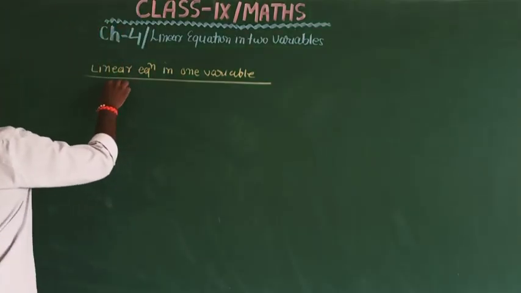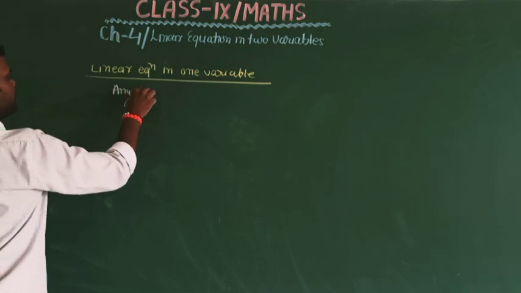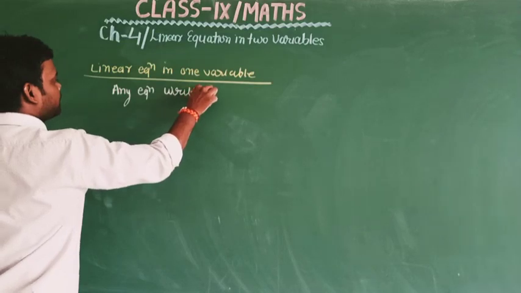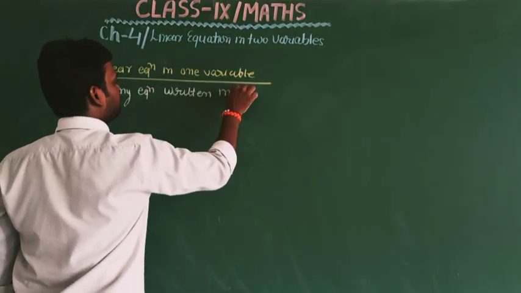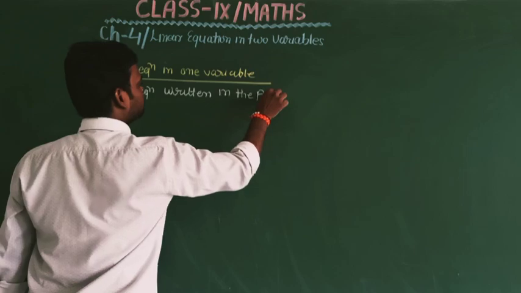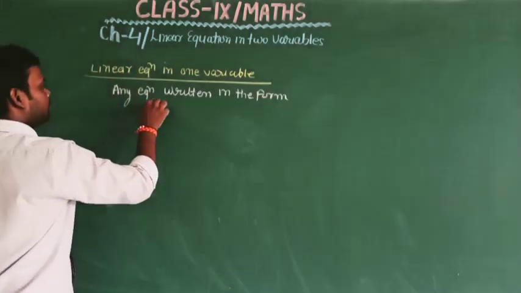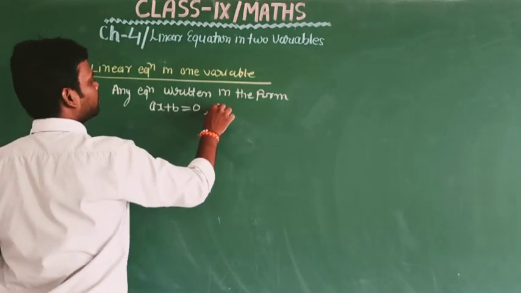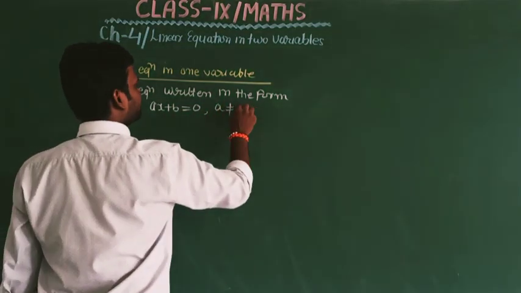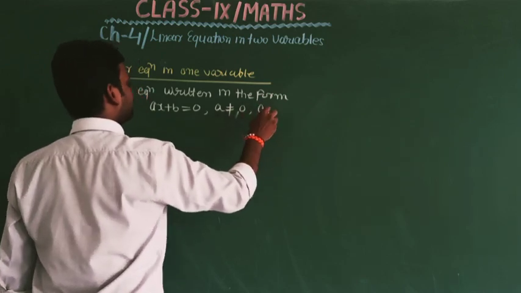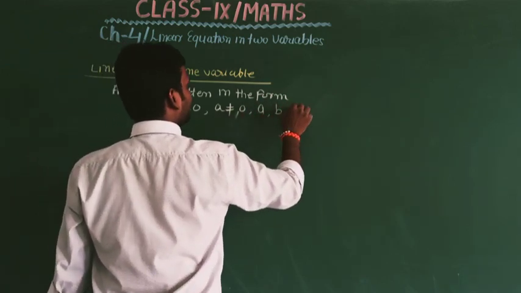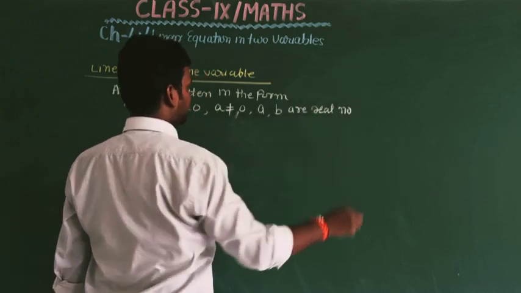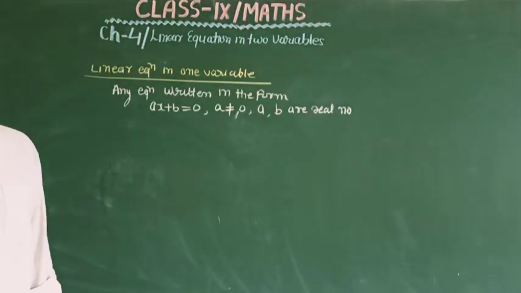Any equation written in the form ax plus b equal to 0, where a is not equal to 0 and a, b are real numbers, is called a linear equation in one variable.